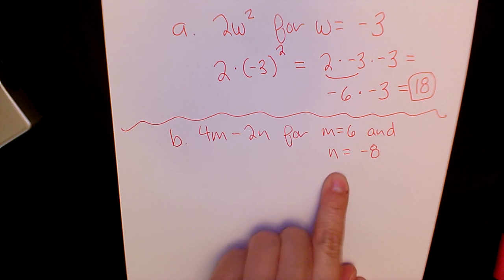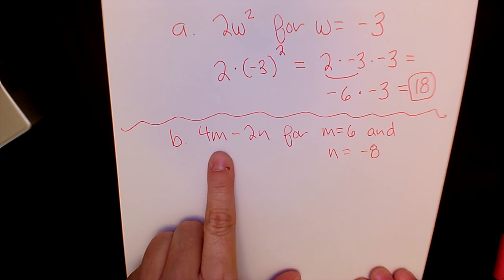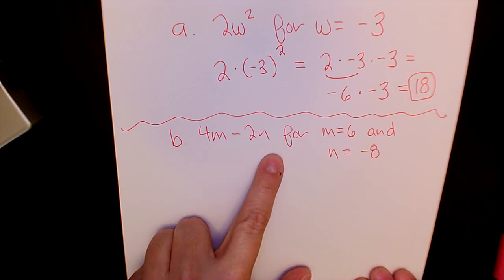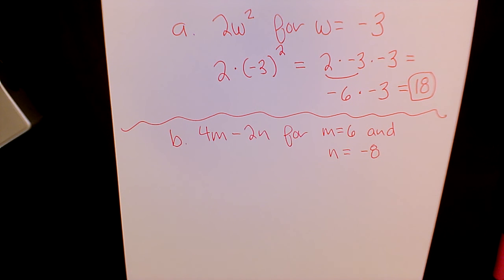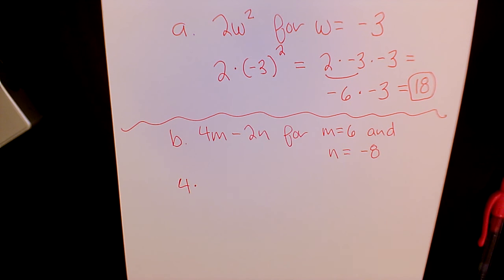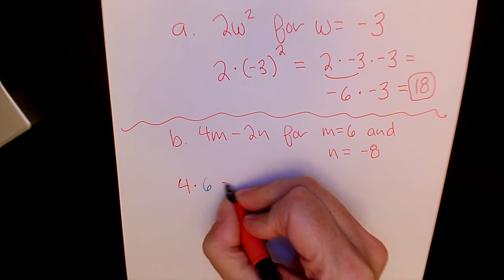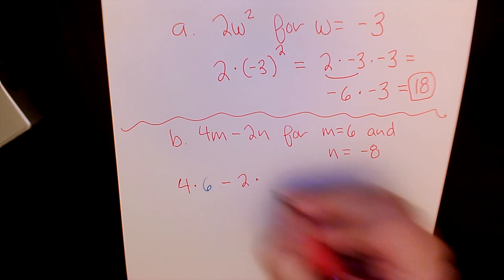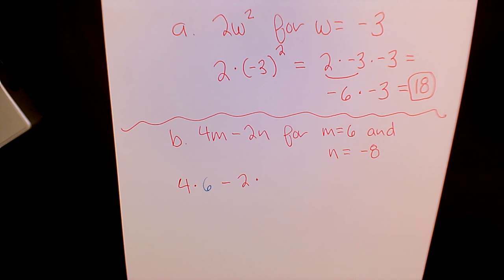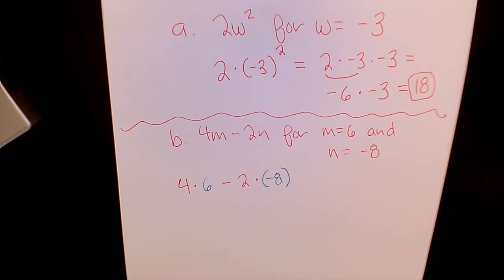So m is 6 and n is negative 8. So I'm just going to plug in 6 for m and negative 8 for n. So 4 times 6 minus 2 times negative 8. And I'm going to put that in parentheses because it's negative.